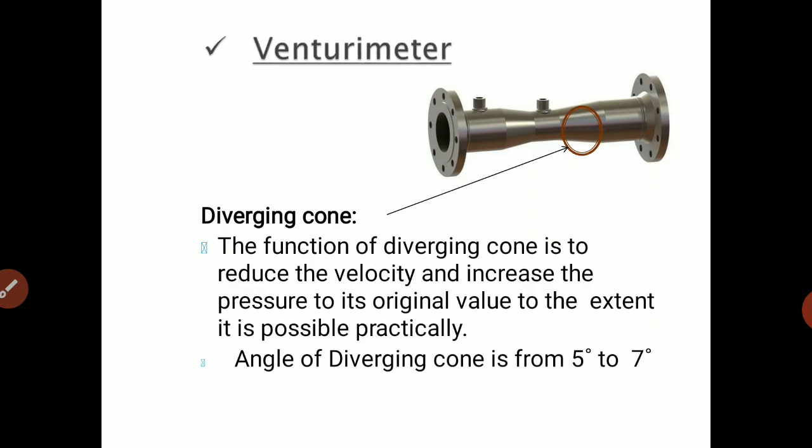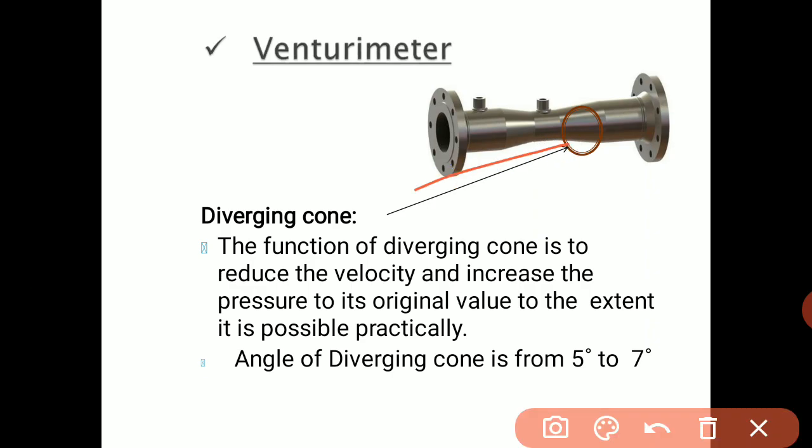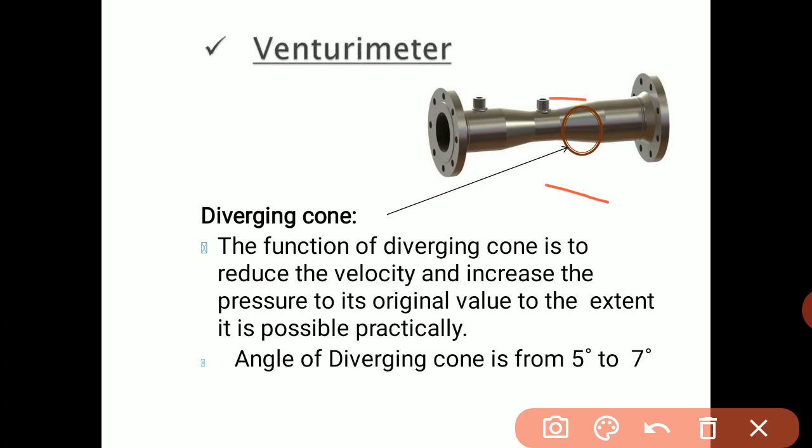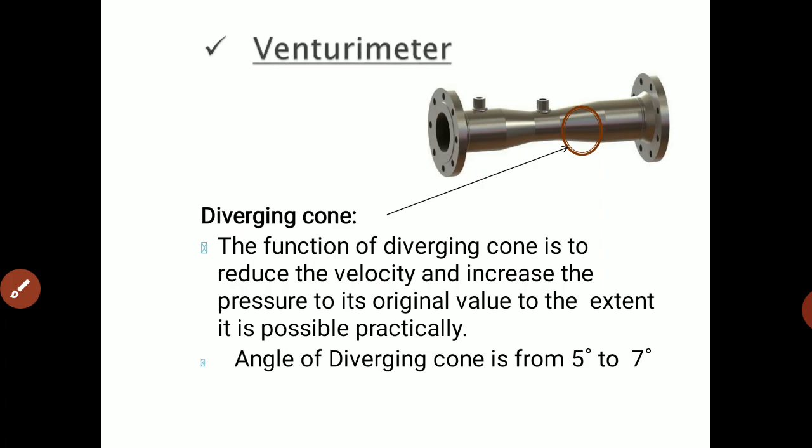As water passes through the diverging cone, there is a chance of separation of fluid from the boundary, causing cavitation. So, to increase the area of flow gradually, the angle of the diverging cone is less and the length is more. As you can see here, this angle is less, so that the flow will not separate from the boundary.